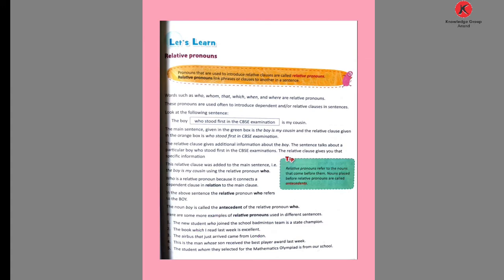Now see the second example. The book which I read last week is excellent. The book is excellent. That is the sentence. But here it is showing the relation: the book which I read last week is excellent. When you use this WH word as a relative after the noun, if you say the boy, then you put a WH word.